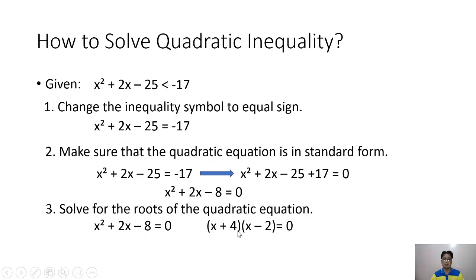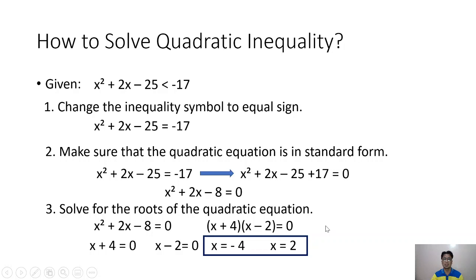Ito yung factors nitong x squared plus 2x minus 8 equals 0. Para makuha yung roots, equate sa 0. Pagka-equate natin sa 0, we come up with the roots. X equals negative 4, x equals 2. Okay po? Ito yung roots natin.